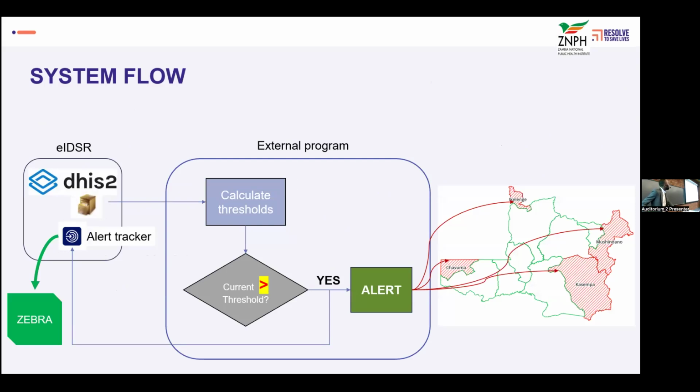This particular slide shows the system flow of how the external program interacts with DHIS2, and starting at your left, weekly aggregate data is pulled from DHIS2 via the DHIS2 API into the external program, which performs threshold analysis by just determining whether a particular threshold for a pre-selected disease has been surpassed.